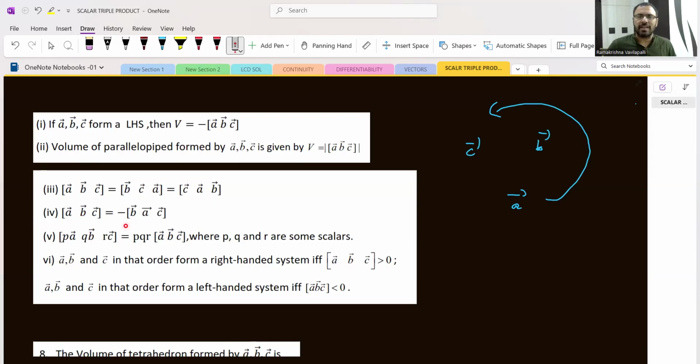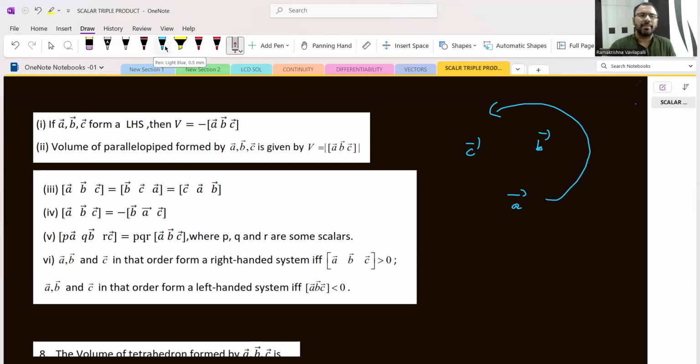Negative of the original value. And box of PA bar, QB bar, and RC bar equals, you can bring out all those scalars out of the box, PQR into box of ABC.